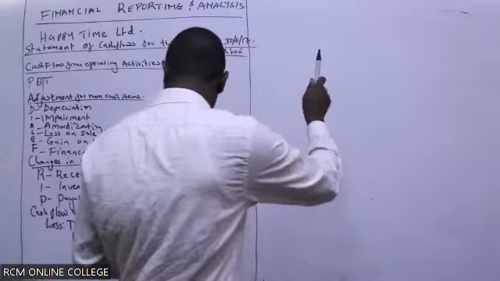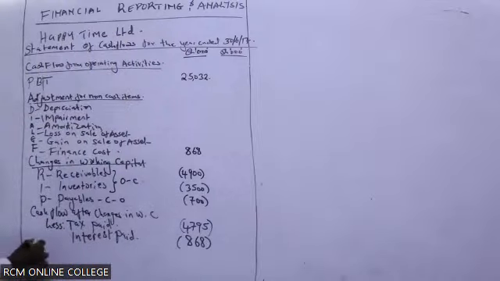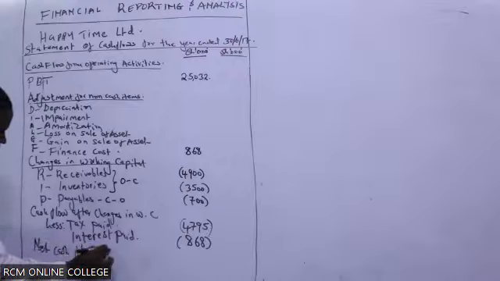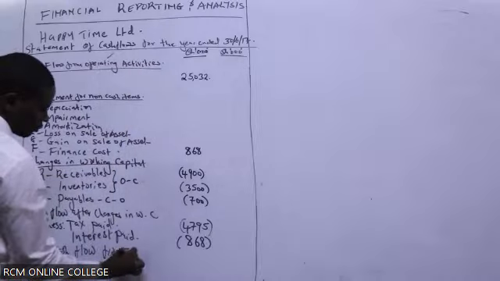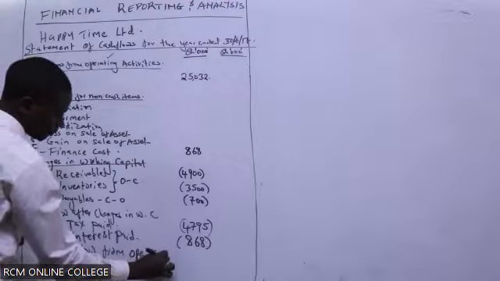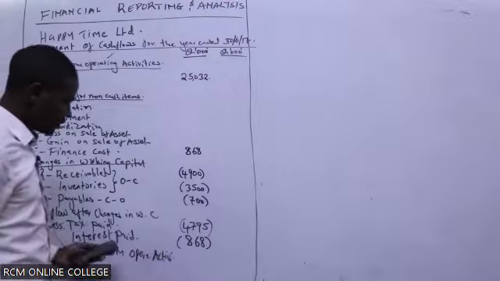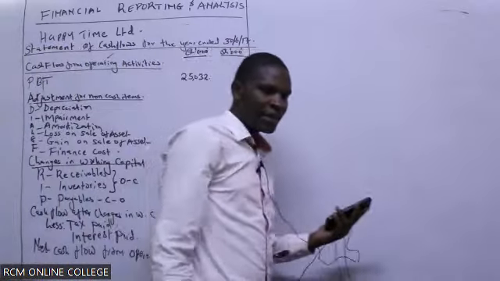We proceed to, remember here we can now get net cash flow from operating activities. Under which column did we say that we put our net? Under column 2. Interest paid is finance cost.